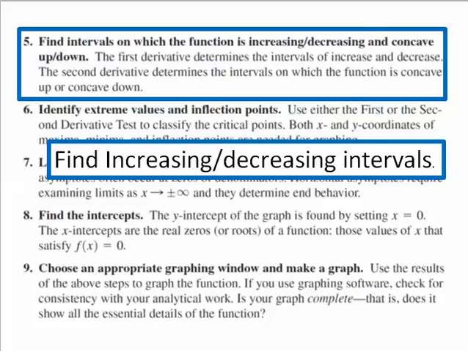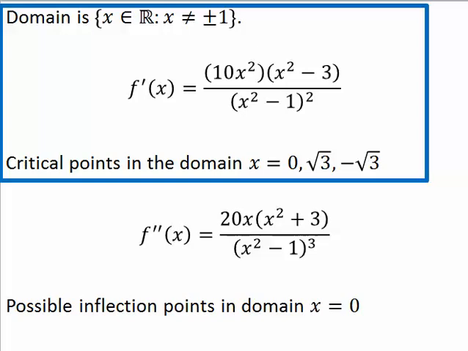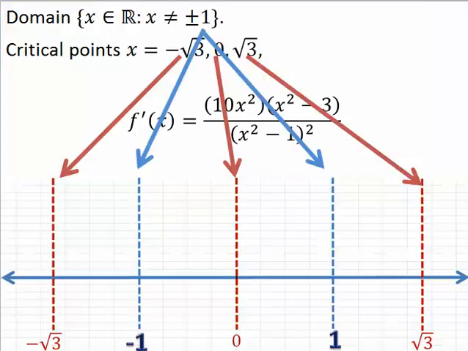Find where the function is increasing or decreasing. To do that, we use the first derivative, the critical points, and the domain. We use the domain and the critical points to break up the real number line into intervals.